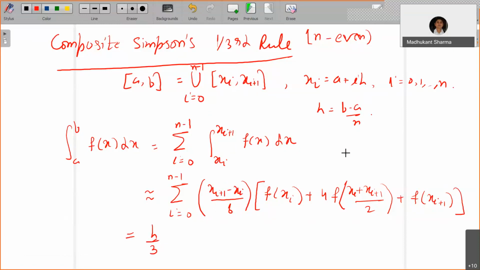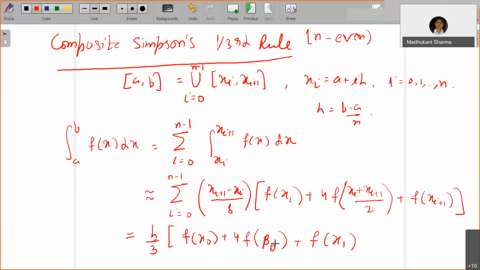And now if you open this here, what you will get is f of a plus 4 times f of (x naught plus x1) by 2, plus, you have to write this for all the terms here, f of x naught plus 4 times f at, I can just call it beta i or beta naught, plus f at x1 when you take i equals 0.